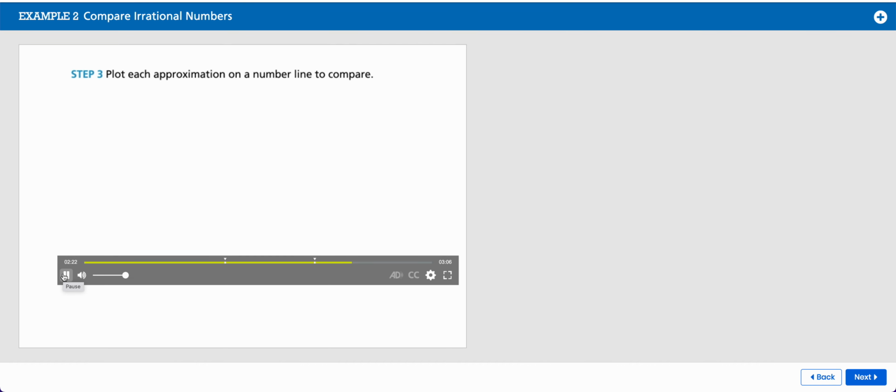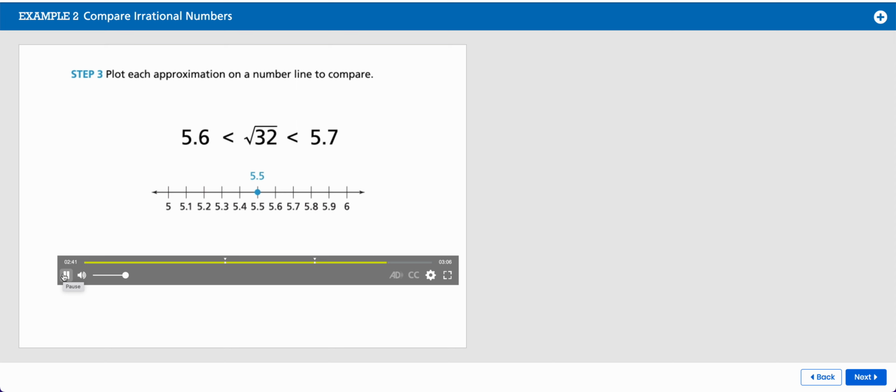Now we're ready to plot each approximation on a number line to compare the two numbers. 5.51326 and so on is approximately equal to 5 5/10. The square root of 32 is between 5 6/10 and 5 7/10. So plot the square root of 32 in the space between the two decimals.